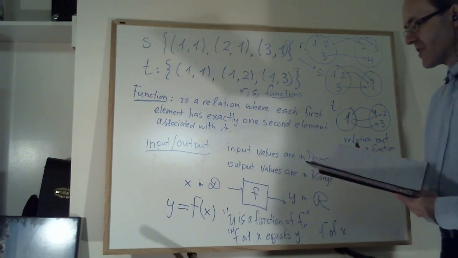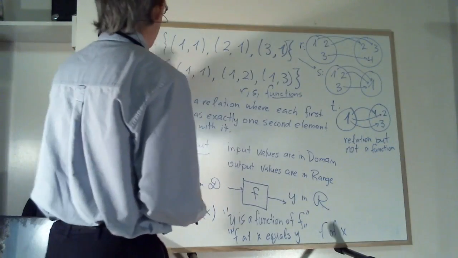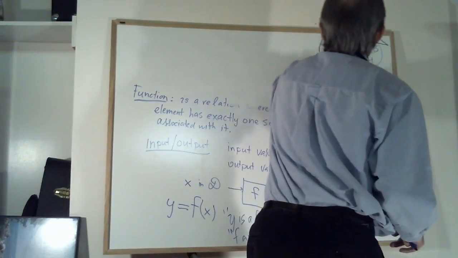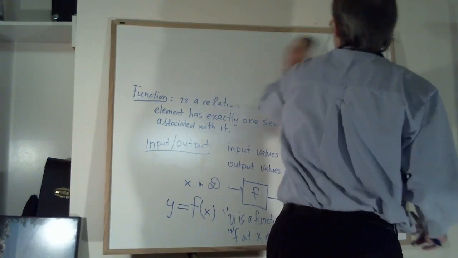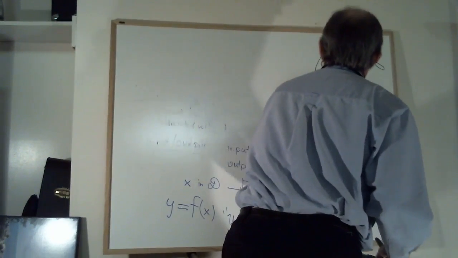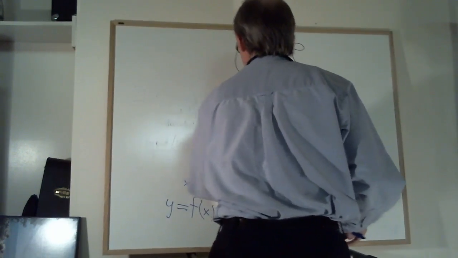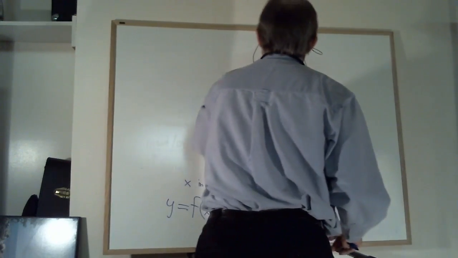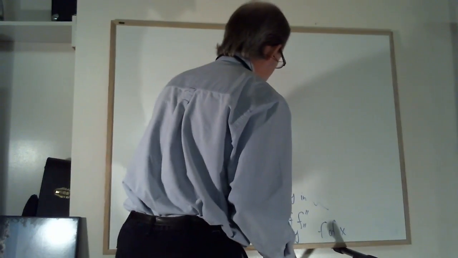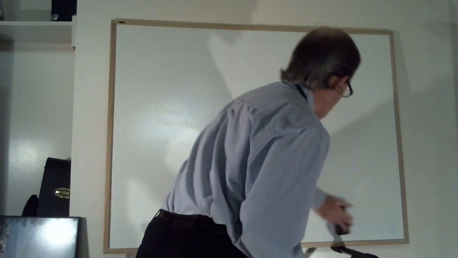Okay, so there are various examples in the textbook. I'll erase some things here. So if you check out the textbook, they have example one here, which gives you price as a function of item.